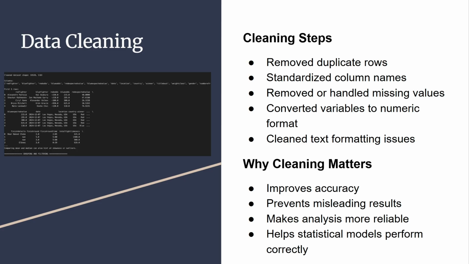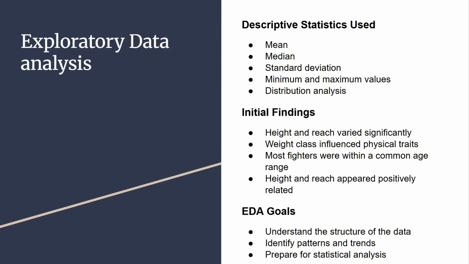These cleaning steps improved the reliability of the data and ensured that the analysis would be based on more accurate information. For this project, I used Python and Google Colab, along with libraries such as Pandas, Matplotlib, and Seaborn.